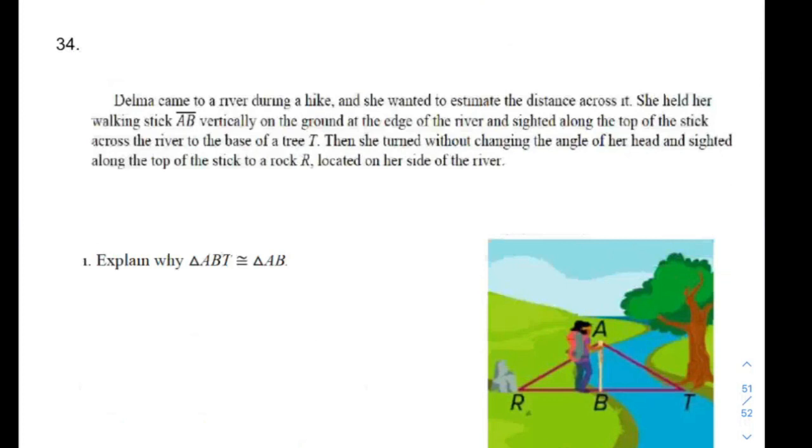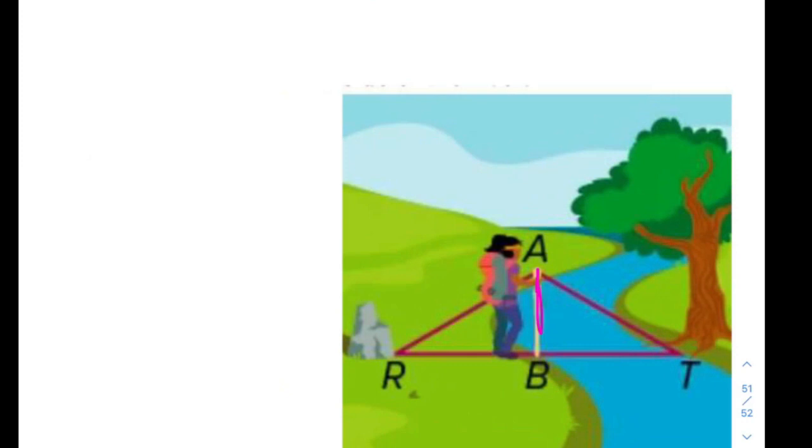Tilma came to a river during a hike, and she wanted to estimate the distance across it. She held her walking stick AB vertically. So since this is vertical, this is perpendicular to the ground or the edge of the river.